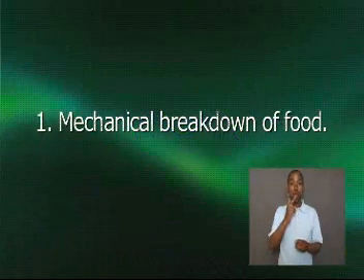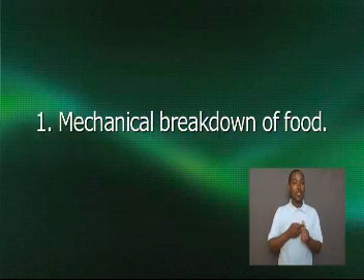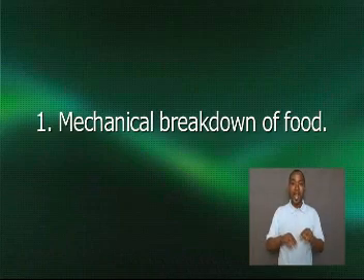Digestion is based on two main reactions. The first is the mechanical breakdown of food. The food ingested is physically broken down into smaller pieces by biting and chewing. Then the stomach squeezes the food and breaks it even more, while mixing it with digestive liquids.